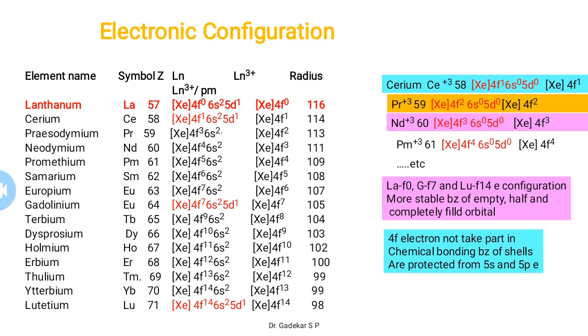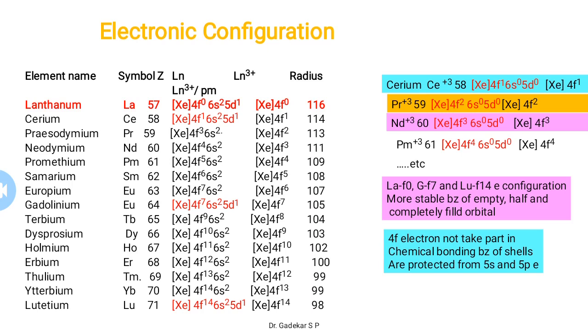Other elements show only 4f and 6s electrons. Lanthanum contains 0 electrons in the f orbital, gadolinium shows 4f7 electrons, and lutetium shows 4f14.